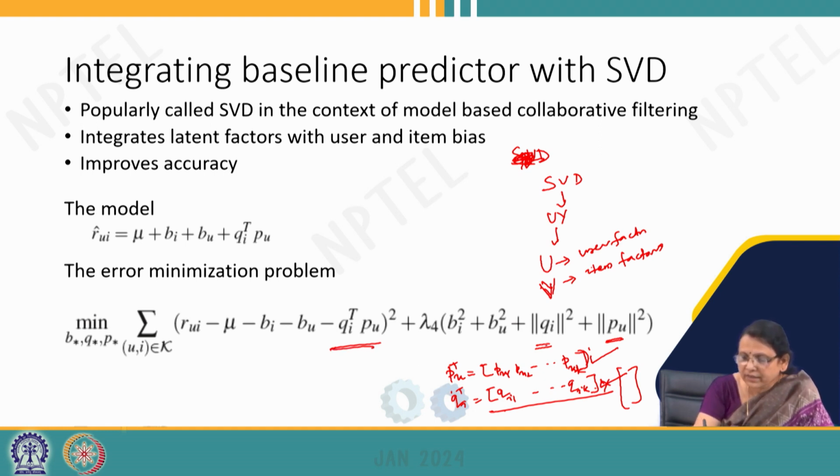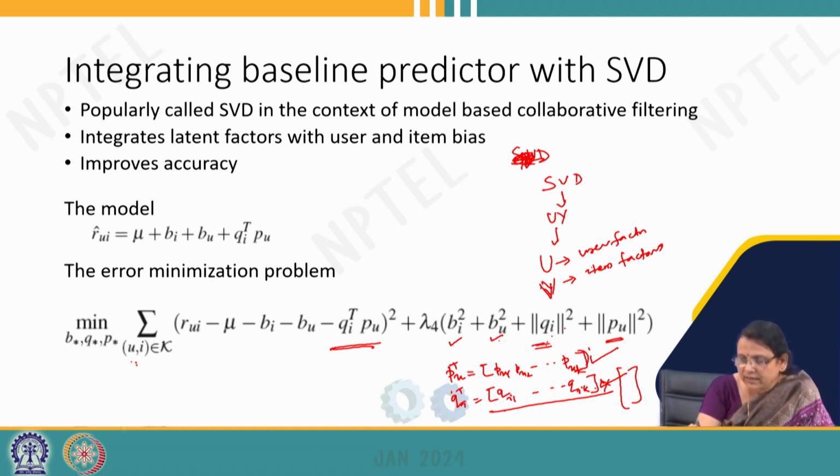And when we consider this, look, this is the regularization term. This is the regularization term for what? For items, how many items? The total number of items available, and how many users? The total number of users available here. So now for this item I and user U, both these are vectors.